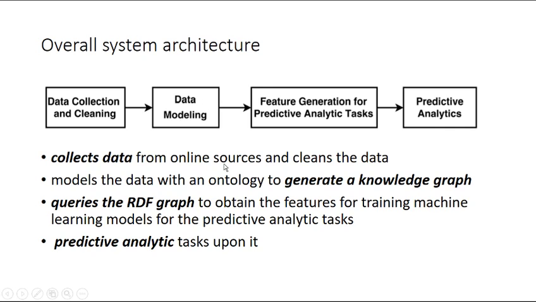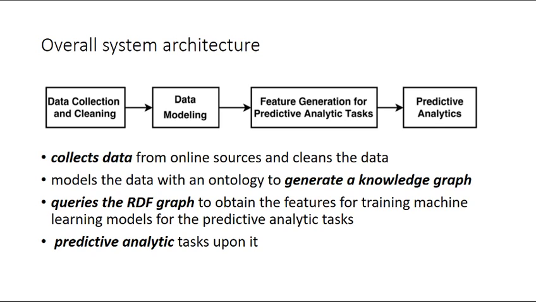So we collect data from online sources using APIs and the research papers, and we clean the data to make it structured, to make it into homogeneous data, and we make an ontology to generate a graph, our knowledge graph, and we can query the RDF graph to obtain the feature vectors.